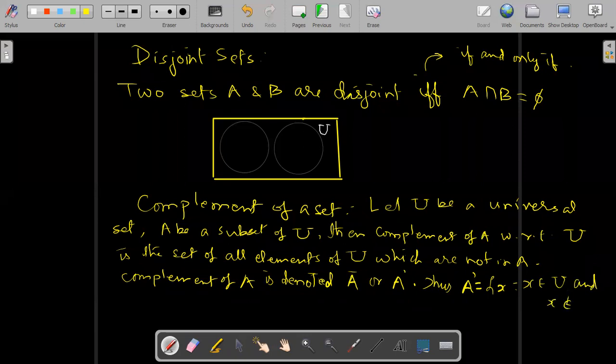So when we are proving, we prove the previous question using these properties. So A dash means everything except A in the universal set.